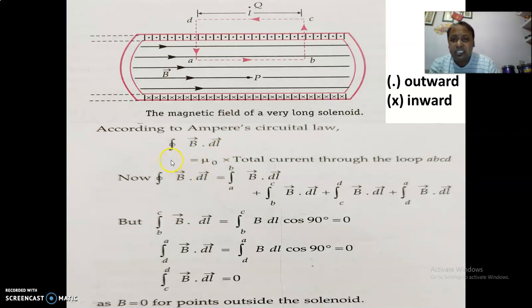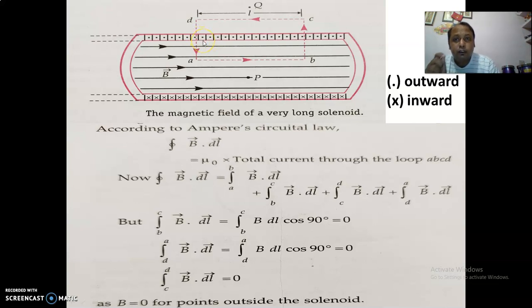Now the basic formula of Ampere's Circuital Law is the integration of B dot dl over a closed loop equals mu naught times the total current threading the loop. We have seen the loop is A, B, C, D, and you can see the dots coming out there, that is, the current is passing through the loop.